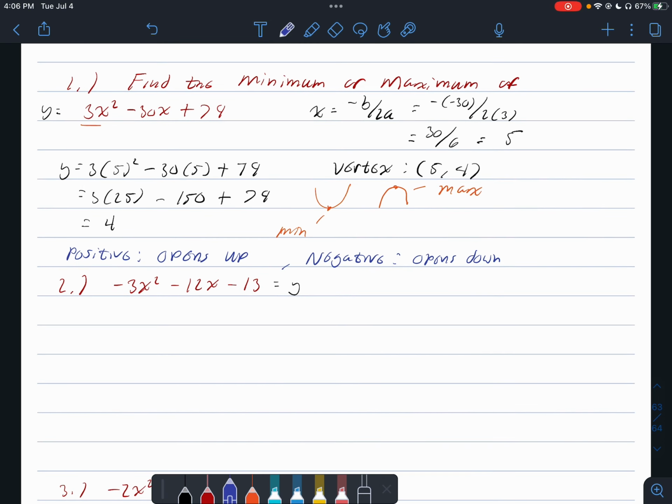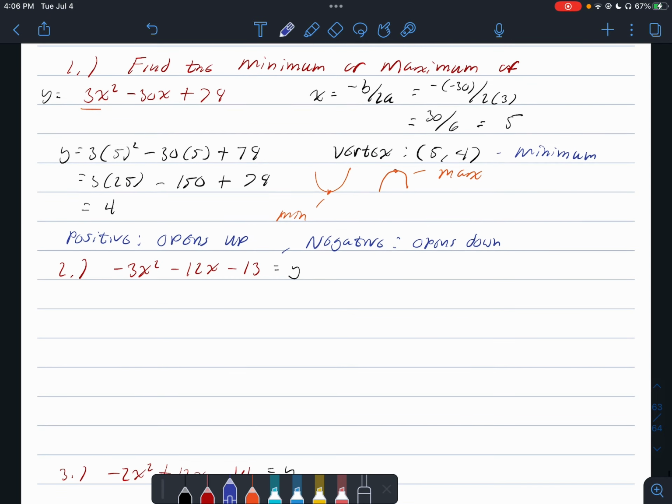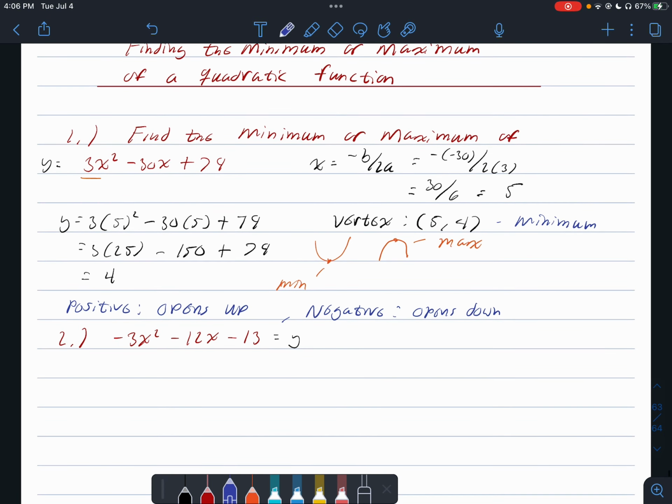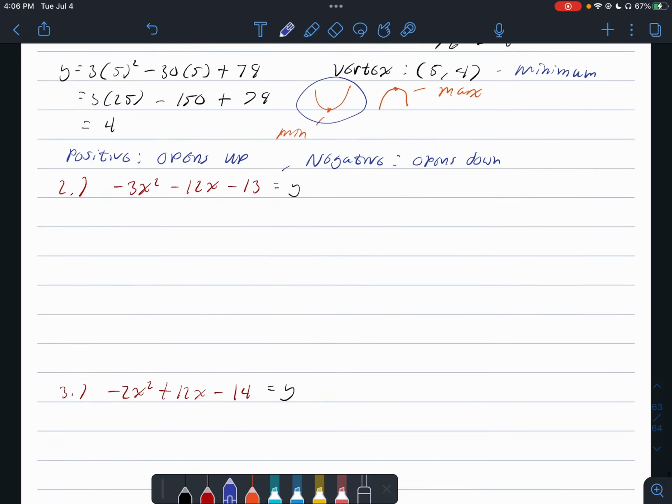Therefore, since we have a positive leading coefficient, that means our vertex 5, 4 is going to open up. That means it's going to be a minimum. Okay, so there we go. So our function is going to have roughly this shape right here.